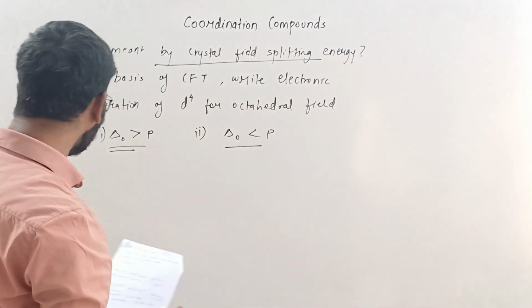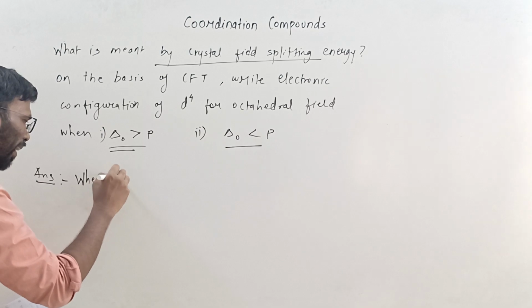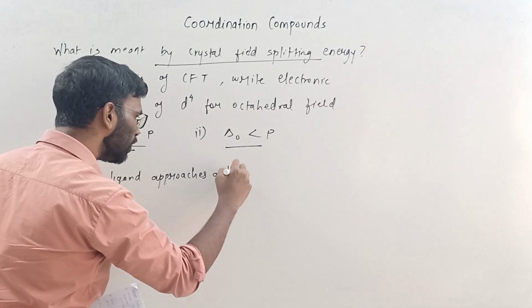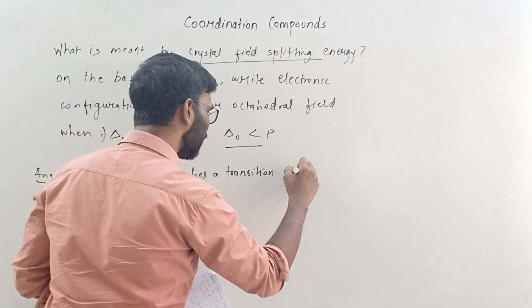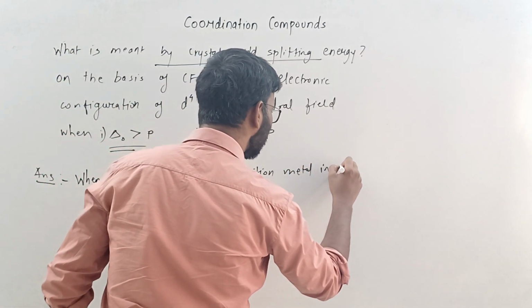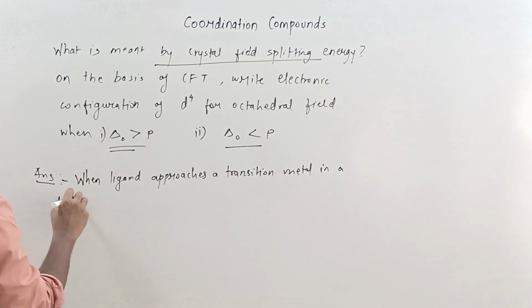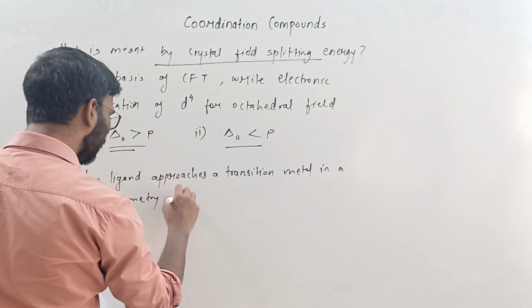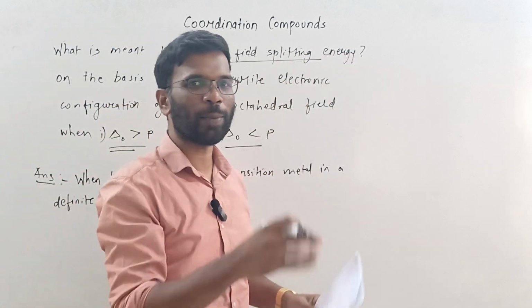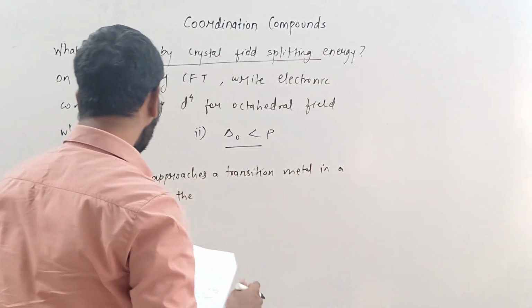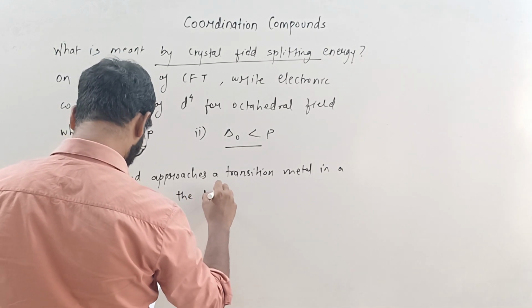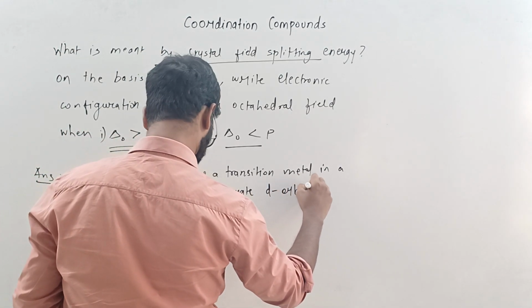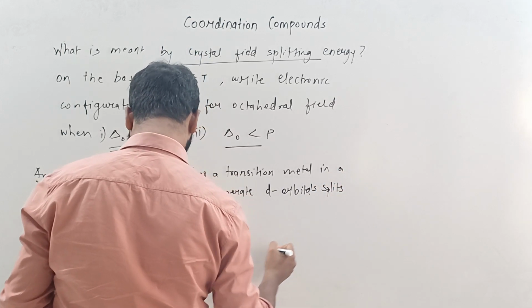When a ligand approaches a transition metal in a definite geometry, the degenerate d orbitals, which were initially having the same energy, split into two sets.